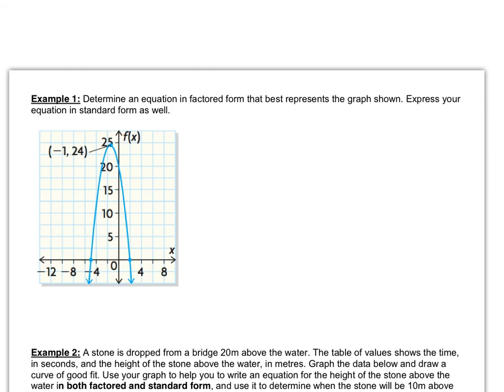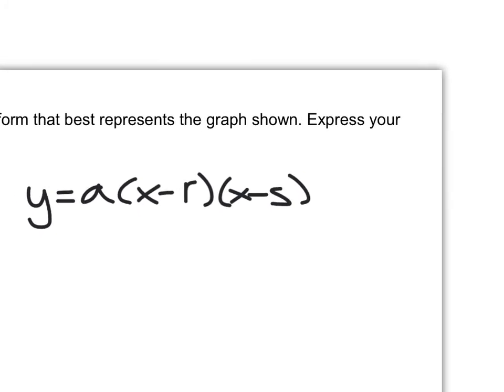graph represented. So to start this off, you should know the factored form equation, which is y equals a(x - r)(x - s). So just to review, r and s are your x-intercepts, and remember that the rule of switching the signs applies because of this negative sign that's in our equation.